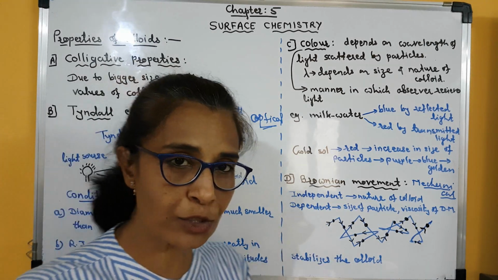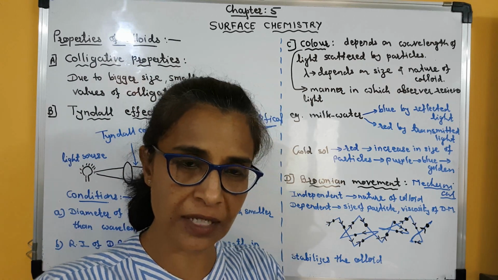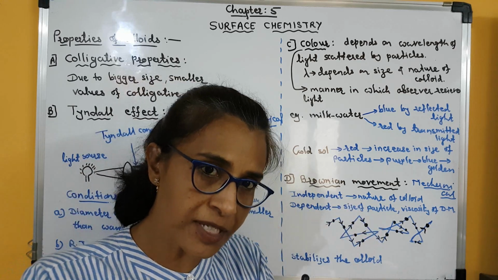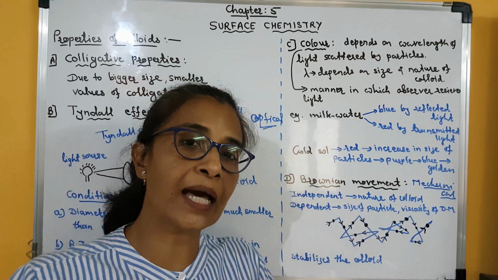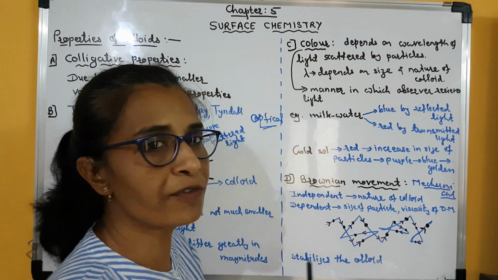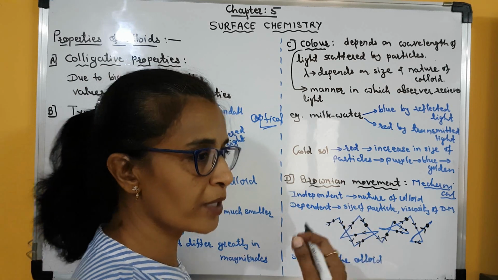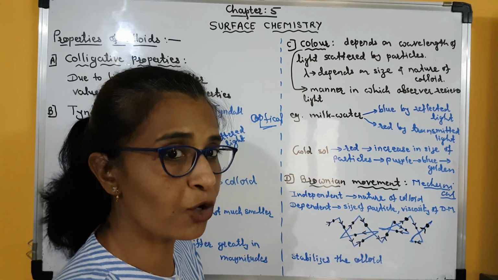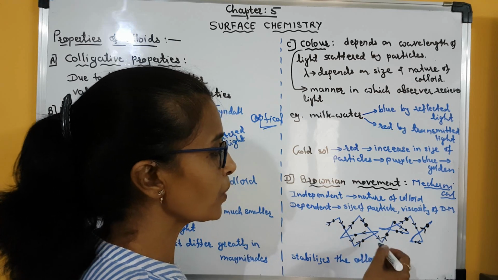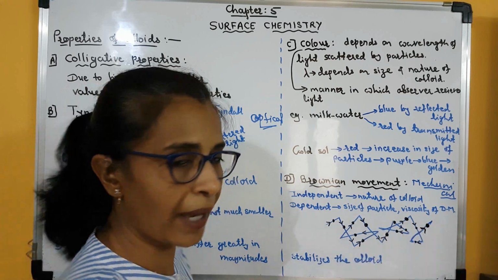Here colloidal sol means it is the mixture of dispersed phase and dispersion medium. Now when the dispersed phase particles, here called the solute, are continuously bombarded by the molecules of the dispersion medium, they will move continuously in this type of zigzag manner.